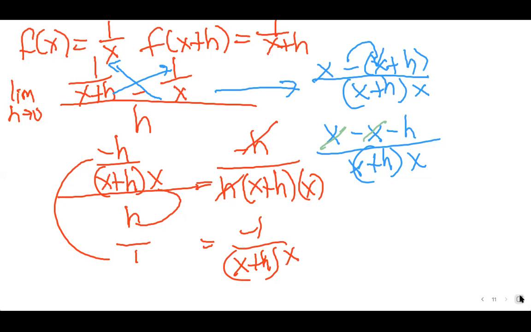Okay, equals, and then we will now change h into 0. So we have negative 1 over x plus 0 times x, right? We will put it here.